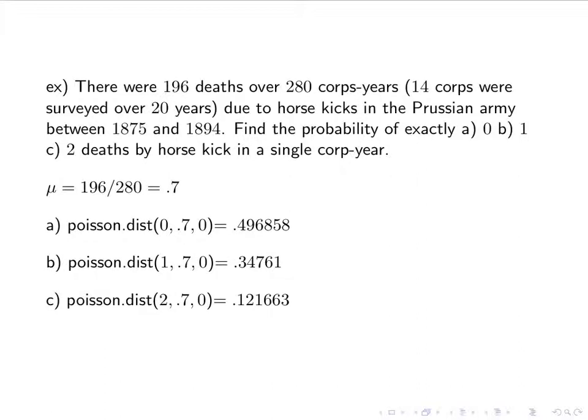And again, these actually very realistically go with the actual number of deaths by horse kick in the Prussian army over this time period. So it's very interesting what you can have following certain probabilities, whether it's the binomial or the Poisson or any of the other ones that we're going to come across.